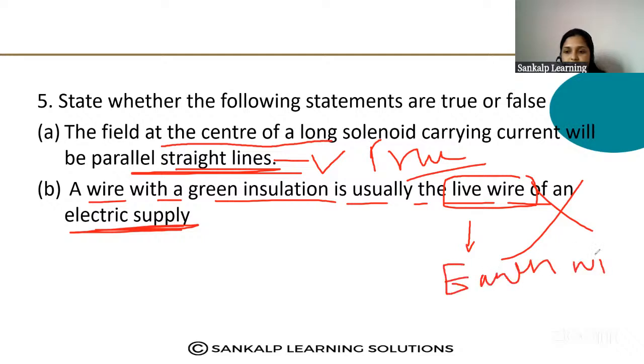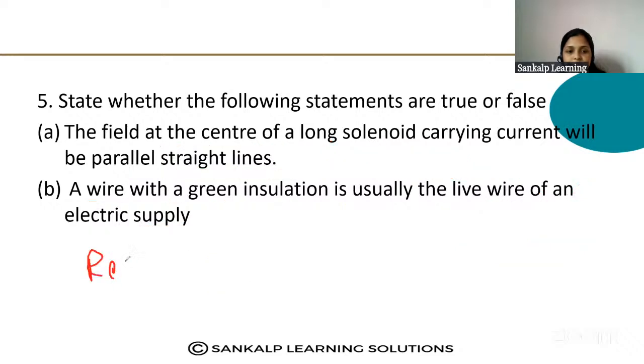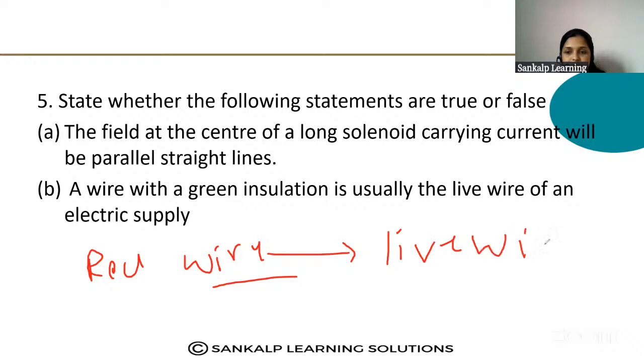The live wire has red insulation. So B is the wrong one, that is false.